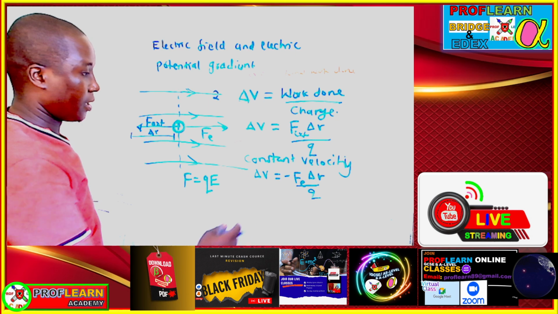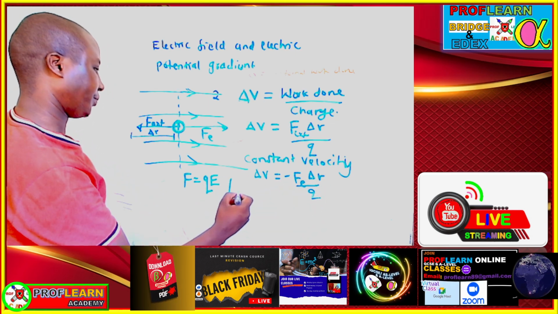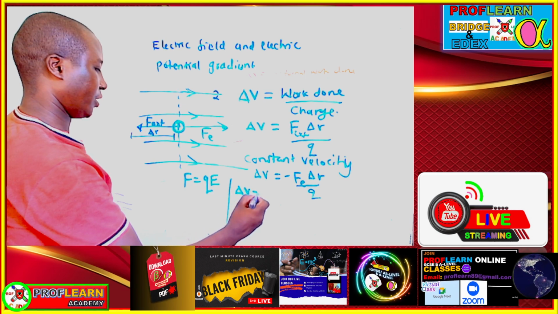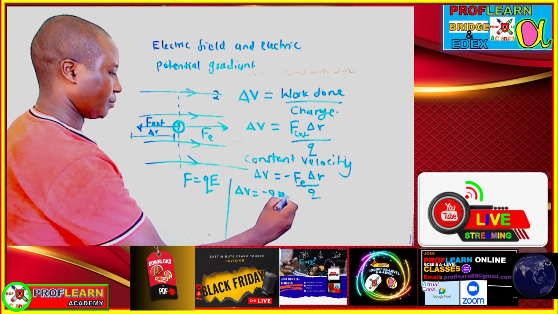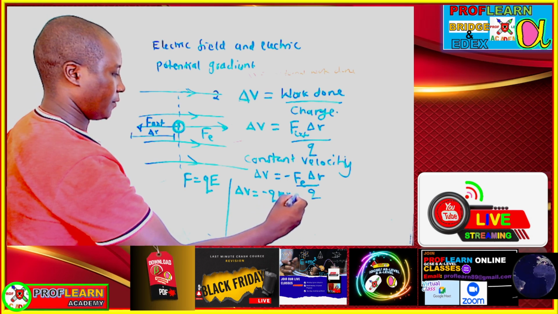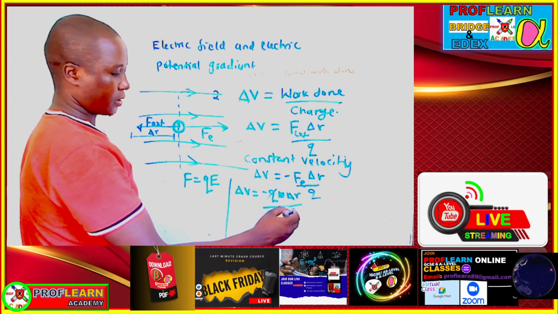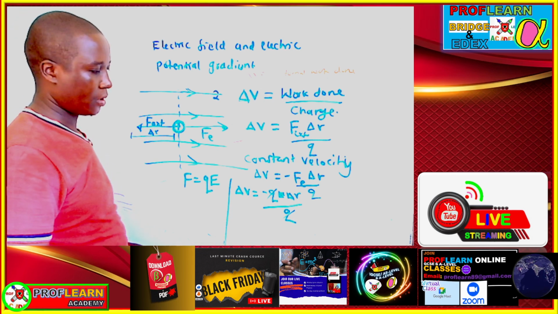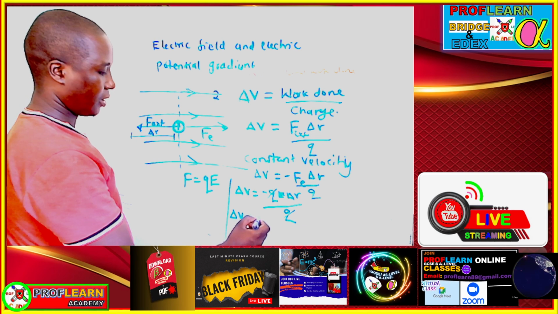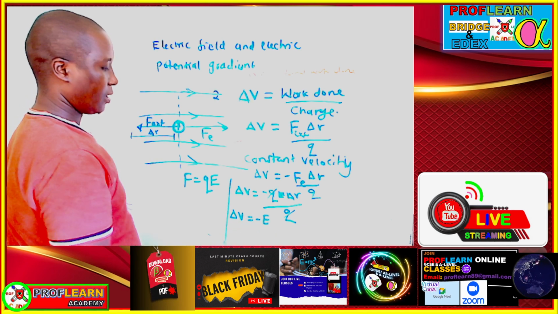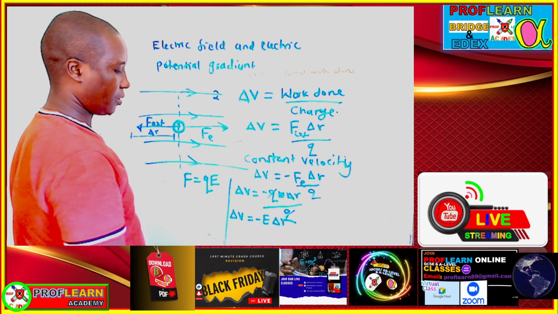So in this equation, the change in potential difference is going to be negative of QE change in r over Q. So you can see at this point Q and Q will cancel out, and then we have the change in potential difference equals negative of the electric field times the change in small r.